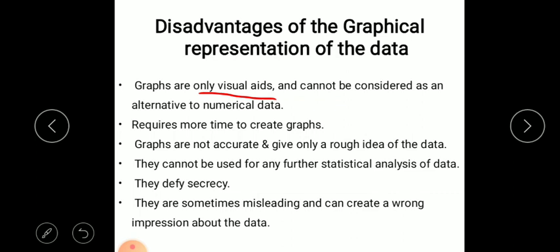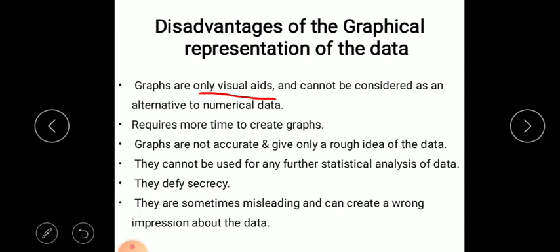If you compare graphs and the numerical data with respect to accuracy, definitely the numerical data wins hands down. The numerical data is far more important compared to the visual data that you are presenting with graphs. The next important disadvantage that we are going to study is about the requirement of time.